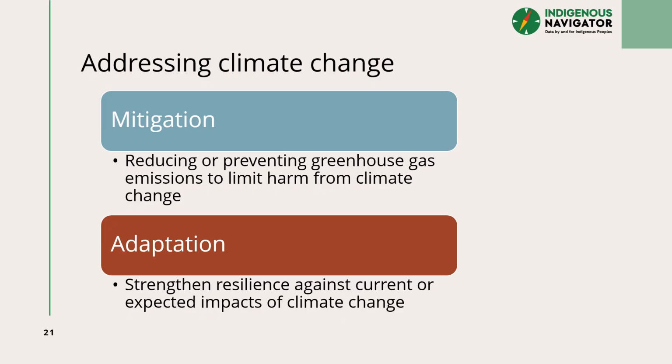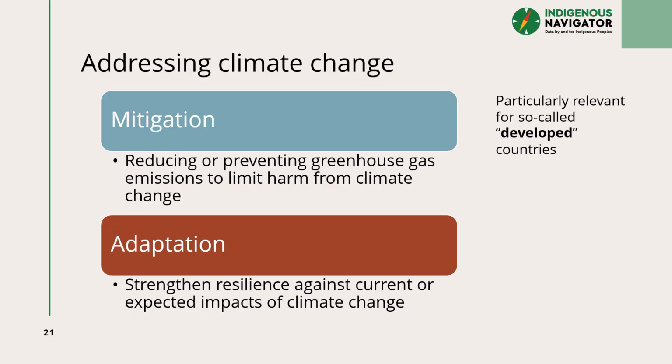Both mitigation and adaptation strategies are important for every country to consider. However, mitigation strategies are particularly relevant for countries that are historically or currently responsible for emitting large amounts of greenhouse gases. For example, so-called developed countries. Additionally, adaptation strategies are particularly urgent for countries and areas that already experience severe impacts of climate change.